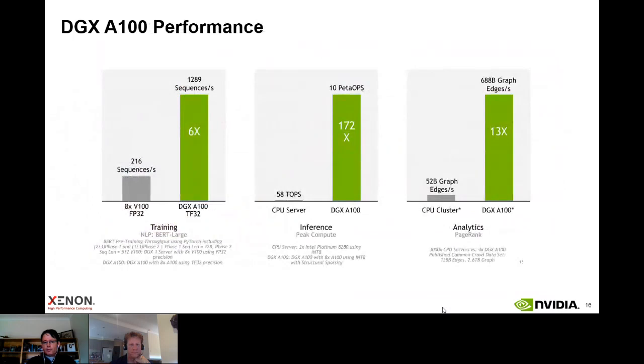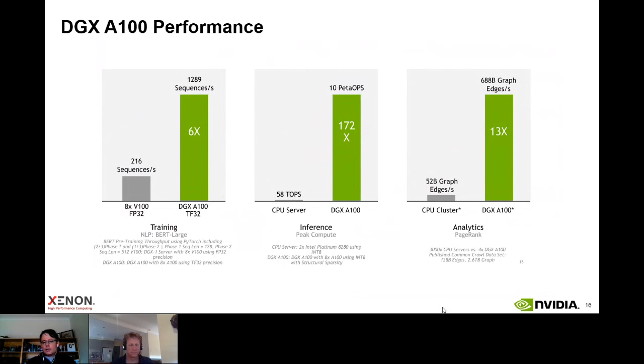And performance-wise, if we look now at those 3 workloads for training, inference, and analytics, we've seen already before, for training, we can typically get 6x speedups compared to the V100s with floating point 32 and TensorFloat 32 numbers.